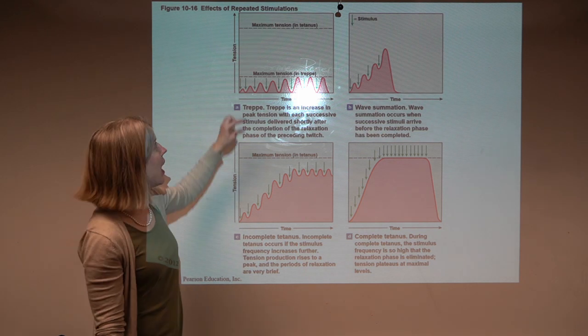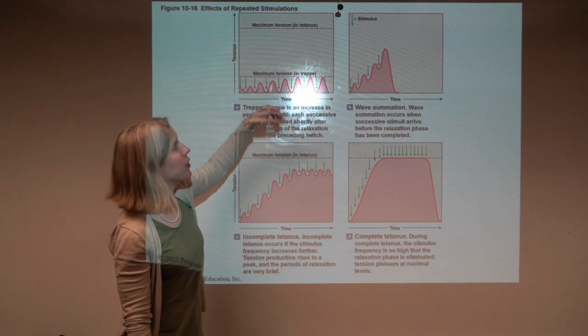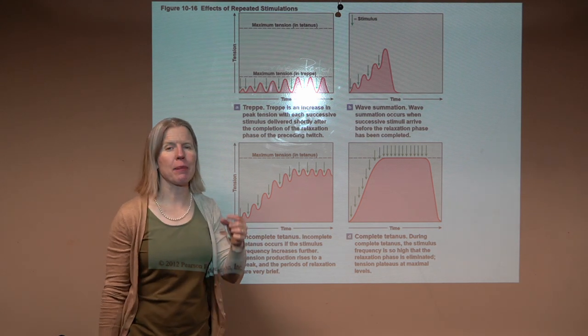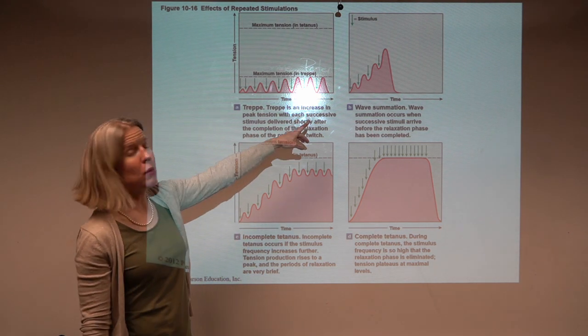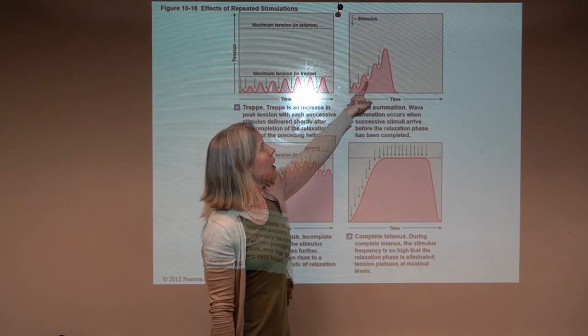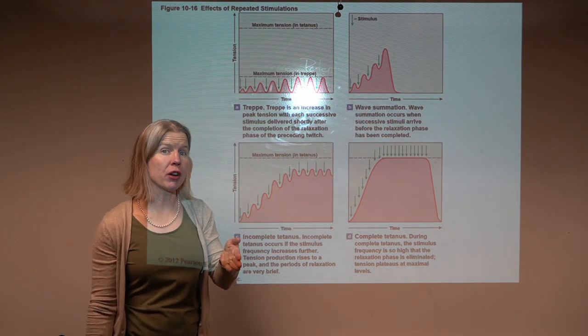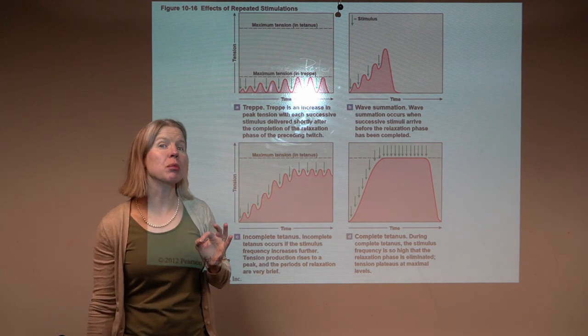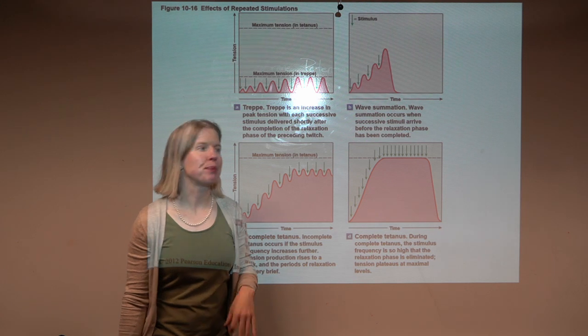But even then, we can see that the maximum amount of force is increasing somewhat, a little bit. It becomes much more obvious when we talk about wave summation. These stimuli are coming more rapidly, more frequently, and they're coming before that cell has a chance to completely relax.